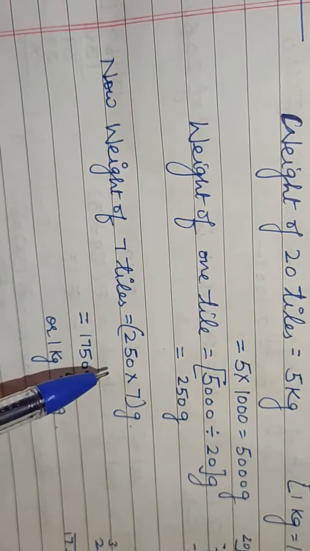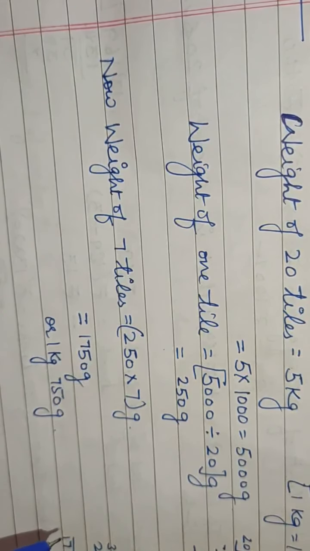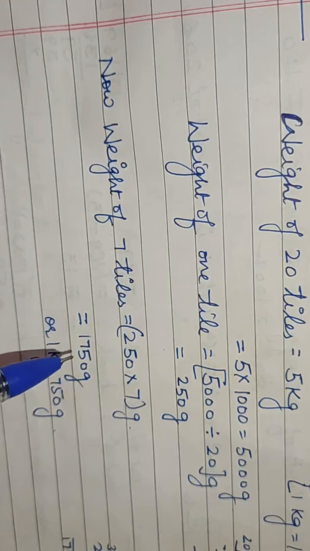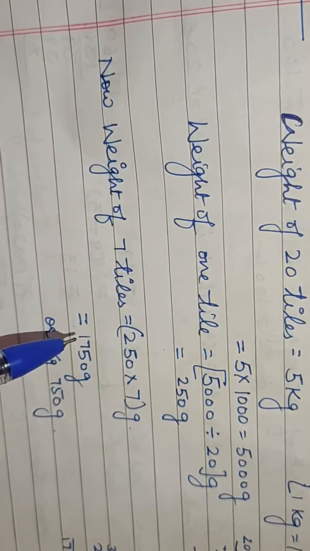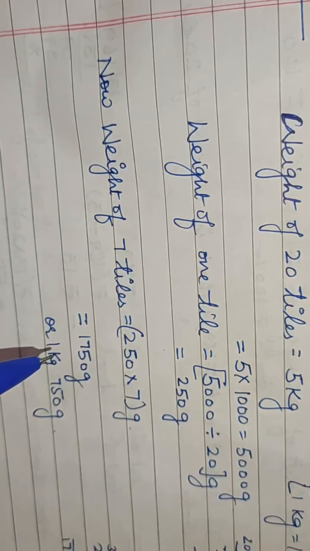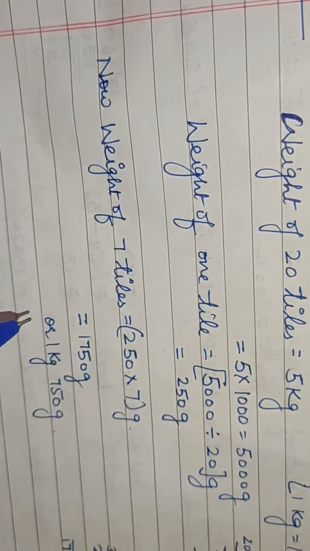When 250 will be multiplied by 7, we will get the answer as 1750. So the weight of 7 tiles is equal to 1750 grams, or you can write the answer as 1 kg 750 grams. This is the weight of 7 tiles.